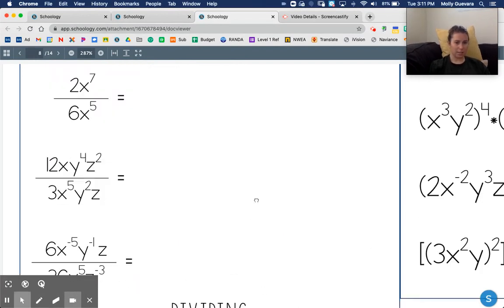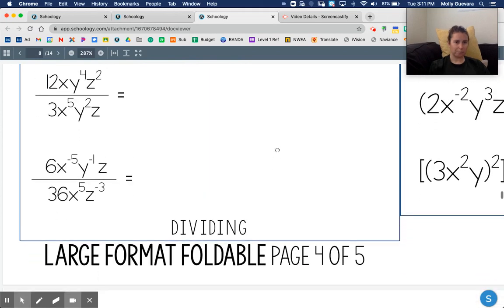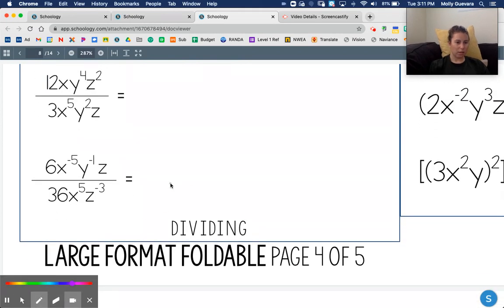Okay, let's look at one more here. All right, 6 over 36. So that simplifies to 1 over 6. And then again, we have multiple ways that we can do this, but my personal preference is I always want to get rid of the negative exponents first. So I have x to the negative 5th. Well, let's say on the bottom, I already have an x to the 5th.